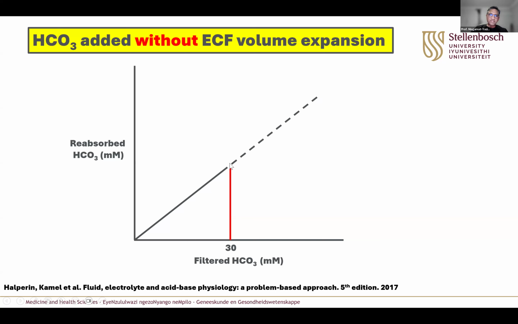The reason for this is likely the ECF volume contraction induced by the hypovolemia due to nasogastric tube suctioning and fluid removal, which activated the renin-angiotensin system, resulting in angiotensin 2 being present, stimulating renal bicarbonate reabsorption. So volume status is really the key when it comes to metabolic alkalosis.